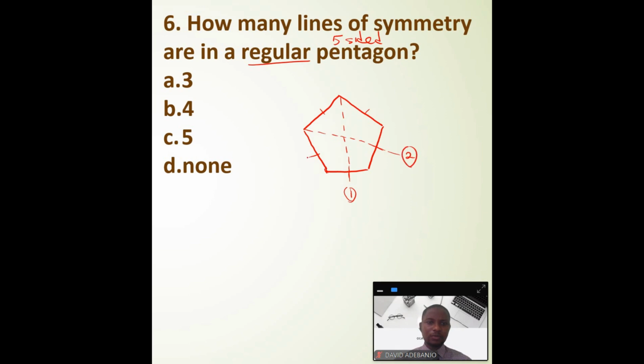That's number 2. This is the third corner. I can go through this way, and this is number 3. You go in that direction, this way, and this is number 4. And lastly, this way, and this is 5. So you have 5 lines of symmetry.